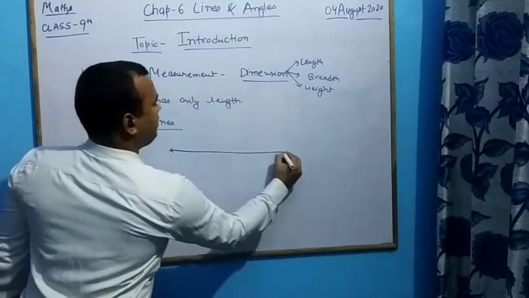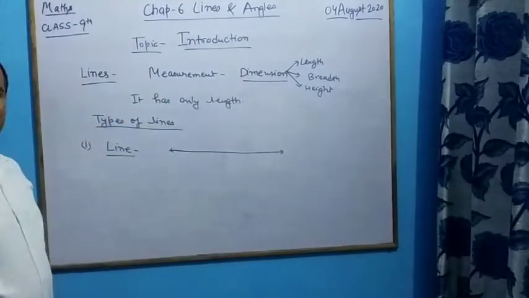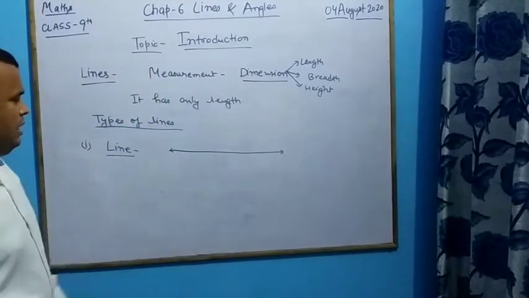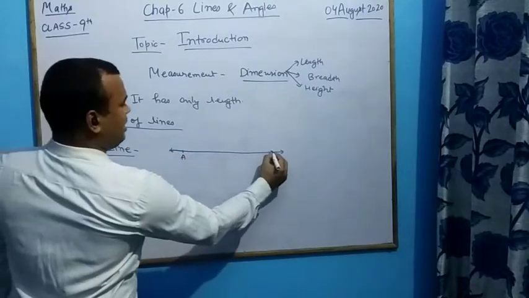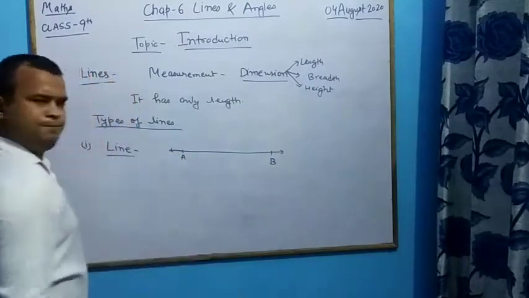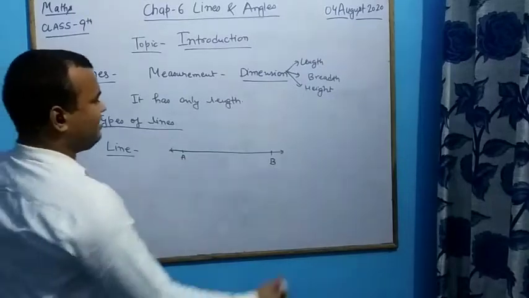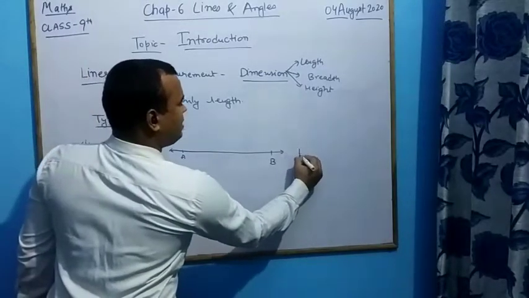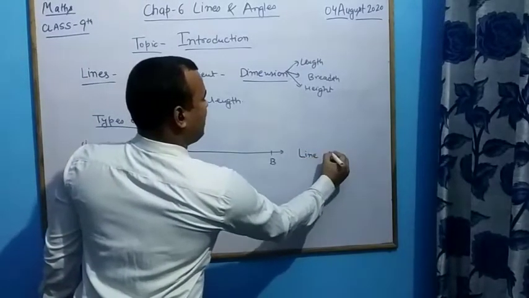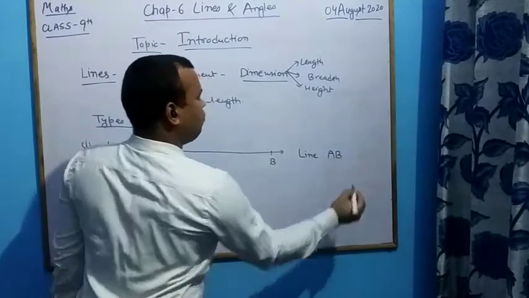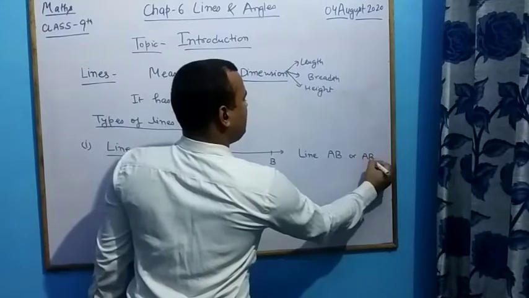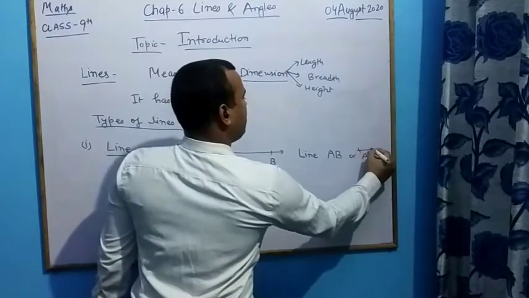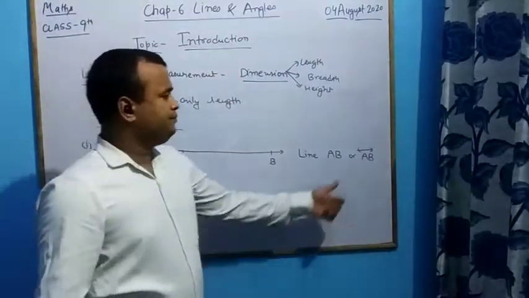Now I am drawing a figure of a line. Let us mark 2 points on it. This is A and this is B. So I can say that this is a line AB. Or to write it, I can write AB with a line sign on top.